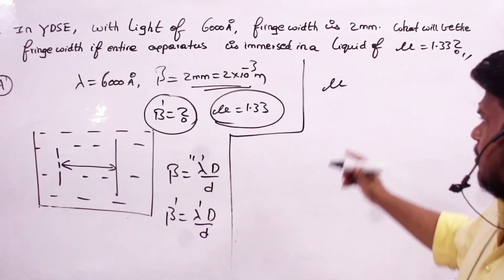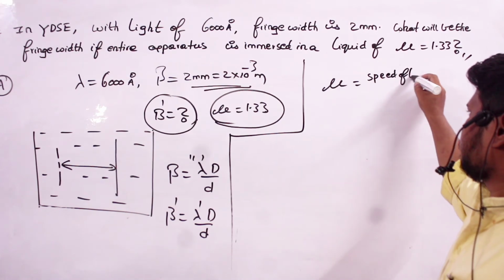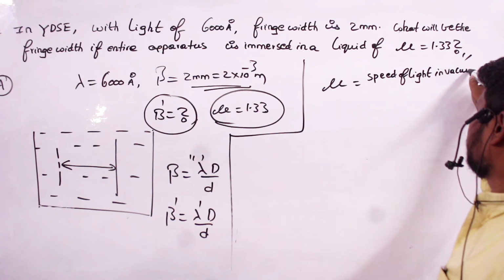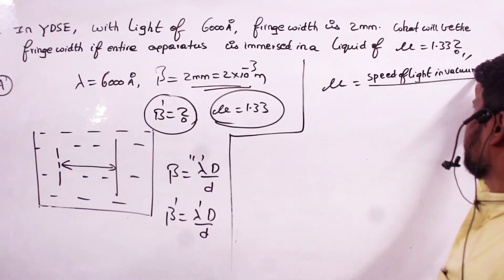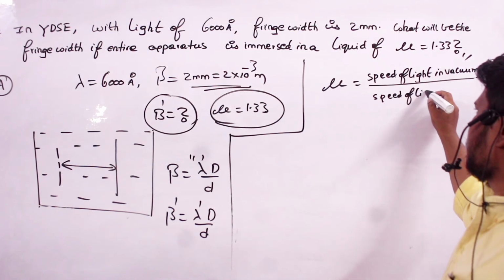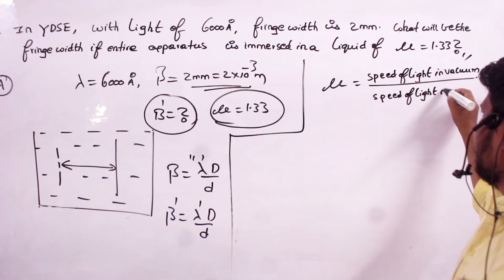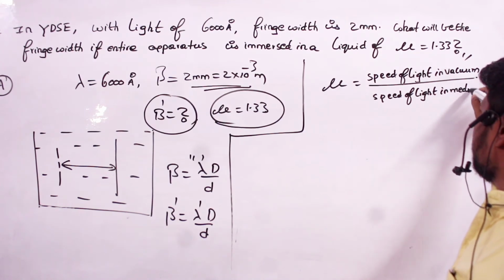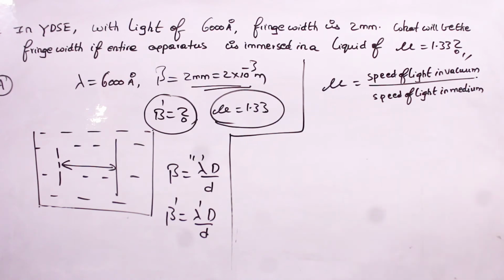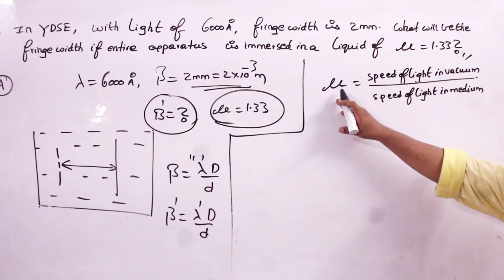Refractive index of a material is the speed of light in vacuum divided by the speed of light in medium. That comparison itself is called the refractive index of a material.